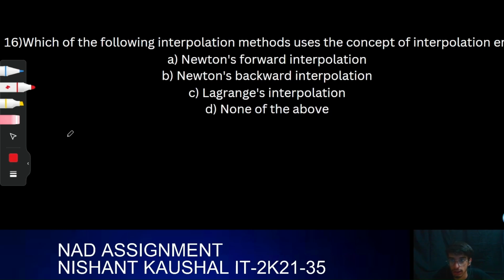To question number 16. Which of the following interpolation methods uses the concept of interpolation error? Newton forward, Newton backward, Lagrange's, and none of the above. So it should be C, Lagrange's interpolation. Because what do you mean by interpolation error?